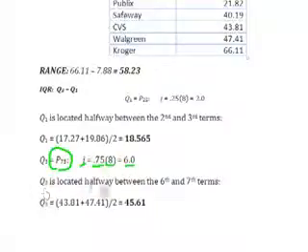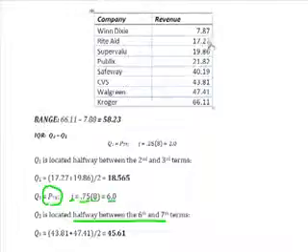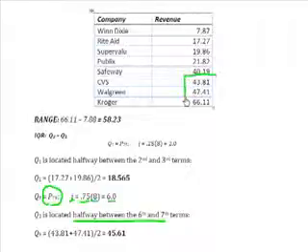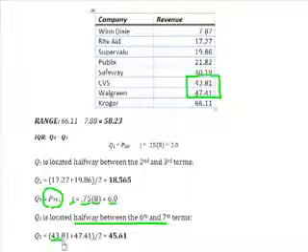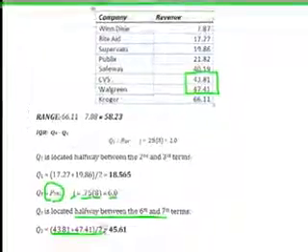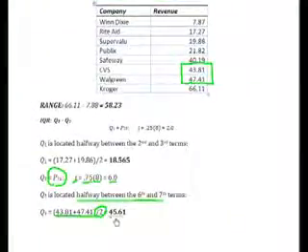Again, Q3 is located halfway between the 6th and 7th term. So I'm going to come back up here, and I'm going to go 1, 2, 3, 4, 5, 6, which is halfway between the 43.81 and 47.41. So I'm going to add them together and divide them by 2 to come up with the number in the middle.